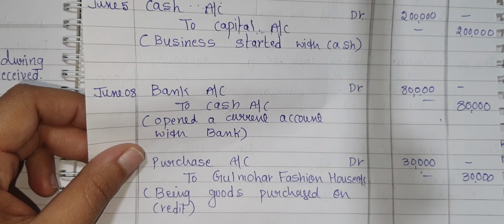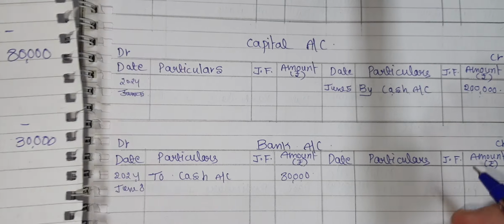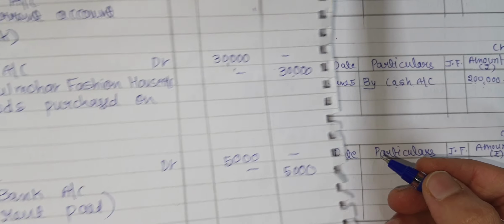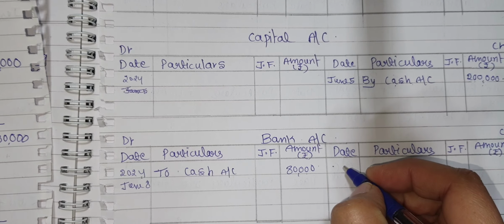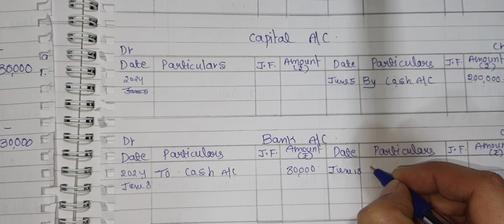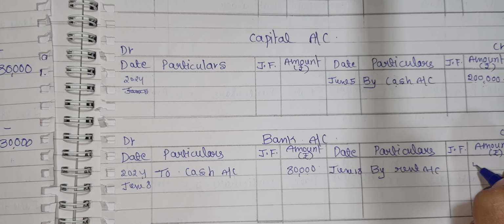Here bank account is credited. Bank account is credited. Go to the credit side of the bank account and write down the opposite entry of bank account, that is rent account. That is June 18 by rent account, that is rupees 5,000.